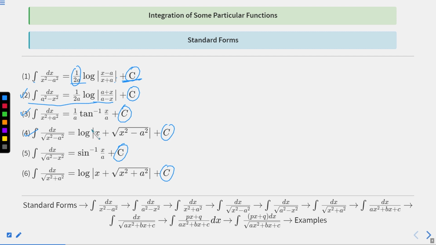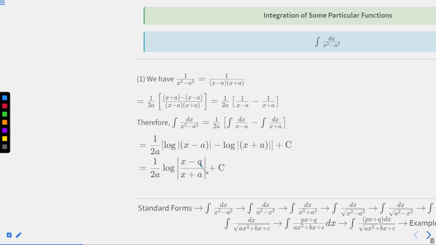The final answer will be log of modulus of x plus root of x square minus a square, and for the a square minus x square one it is sine inverse of x by a plus c. And for this one it will be log of modulus of x plus root of x square plus a square. Okay, clear? Always add some constant.